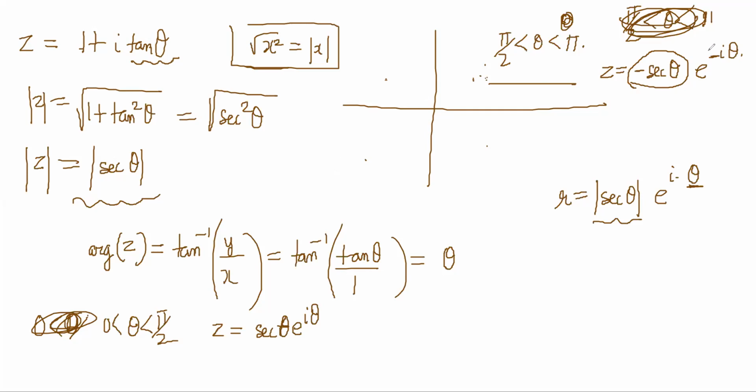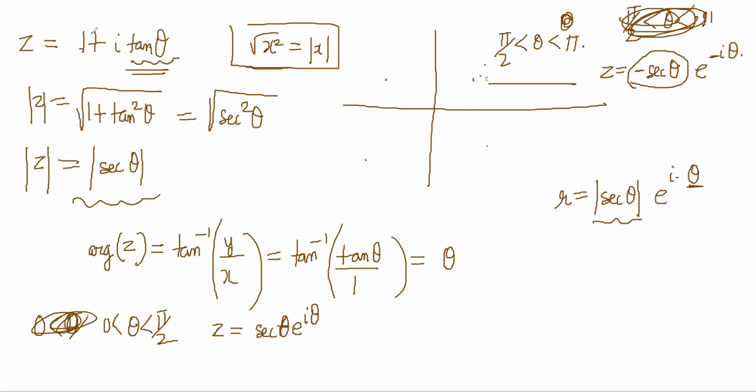If it was some 120 degrees, then this part would have been negative, 1 plus i into minus root 3, so it is coming in the fourth quadrant.